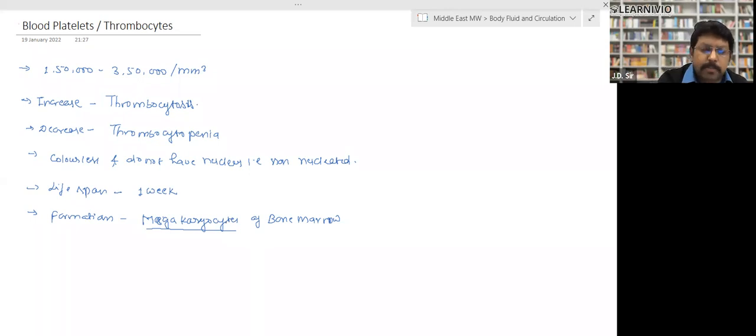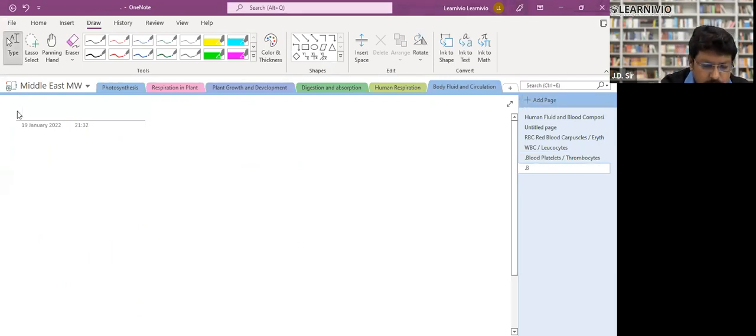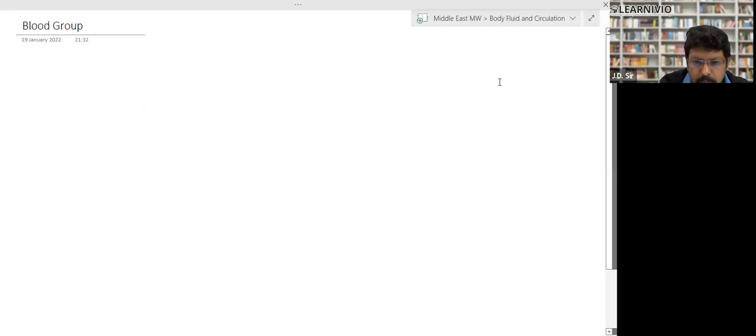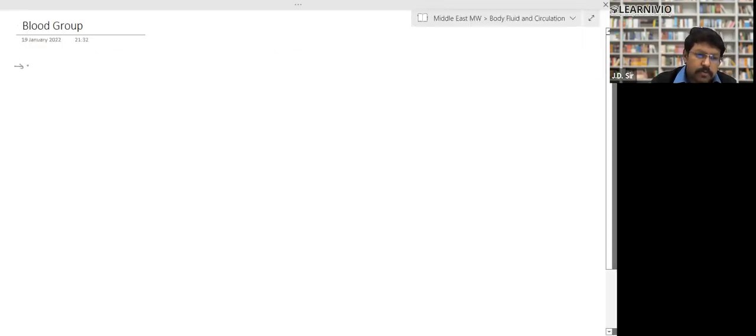Let me discuss with you what a blood group is. First, who discovered the blood group? Note it down, please. Basic but important.